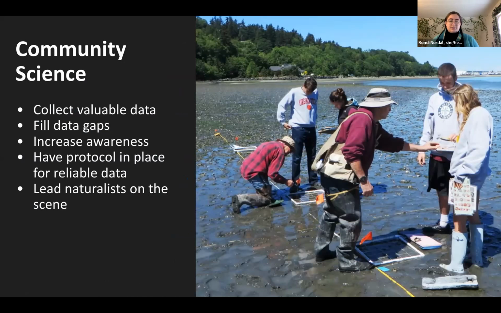We have protocols in place to ensure the quality of our data, including regular quality control checks by staff and lead naturalists, both on the beach as well as for data entry. It's also just a really great way to learn. Our staff and lead naturalists are available to help with questions on the beach, including species ID. I've heard from folks that it's really fun learning about the scientific process and about all the cool beach critters out there.